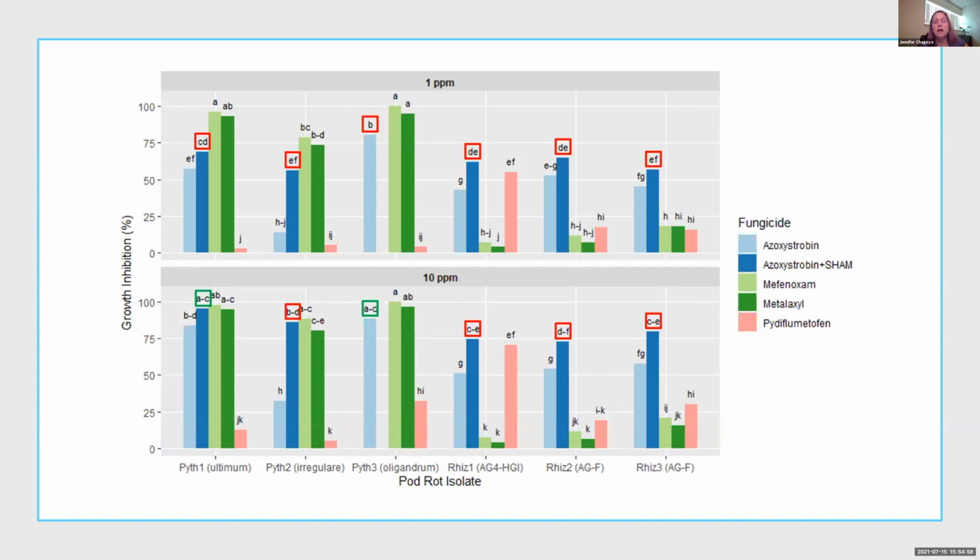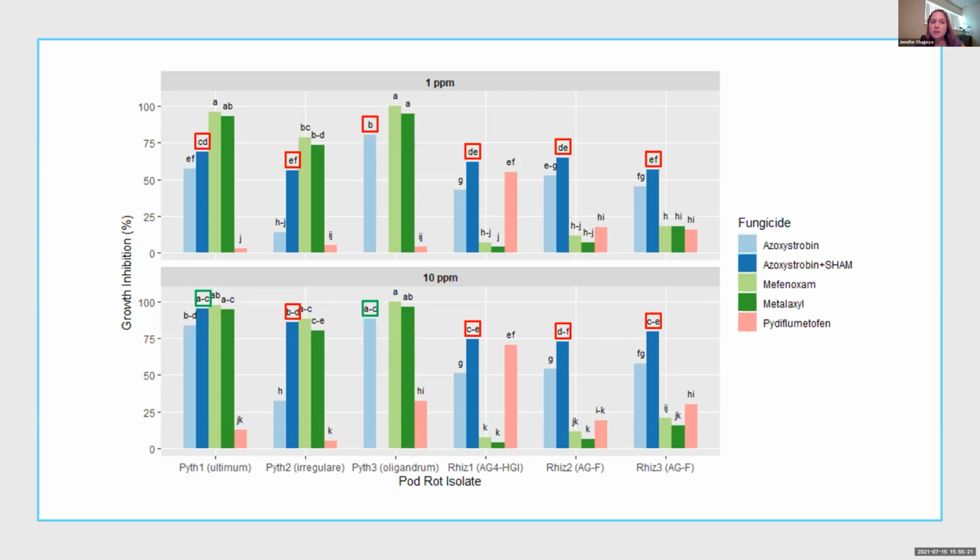Ideally, we're going to shoot for 100% inhibition if we can. That would mean we're completely killing the fungus and not allowing it to continue to replicate. So in the red boxes on the top, you can see that none of the azoxystrobin treatments reach 100% suppression.